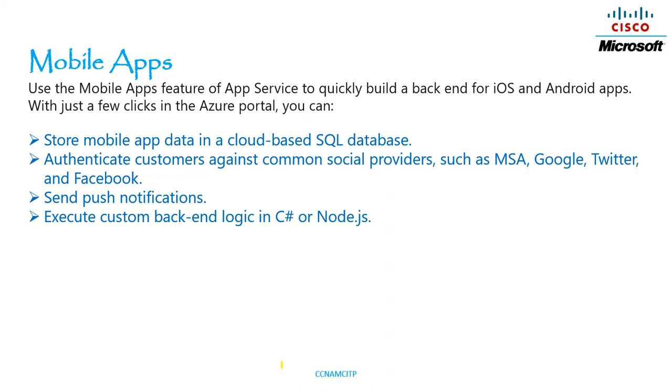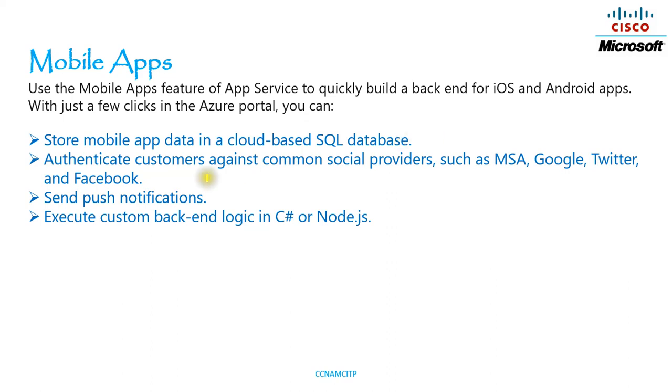So with the help of Azure portal, if you do a few clicks, if you are familiar with this, you can build backend for iOS and Android apps. Let's see how it is. And you can store mobile app data in cloud based SQL database. So directly store mobile app data in the cloud based SQL database.